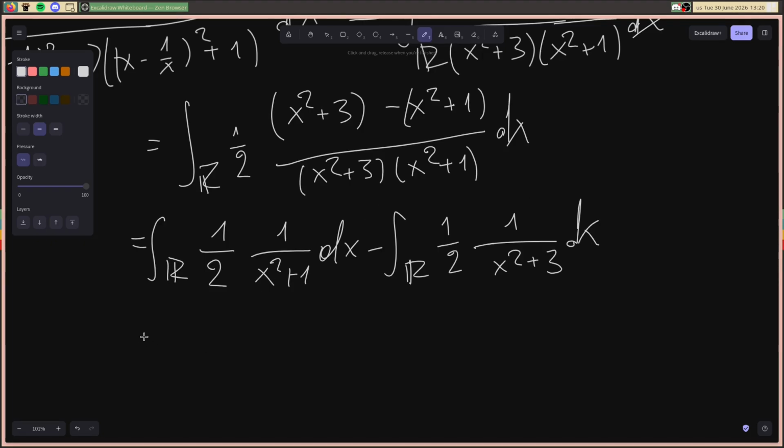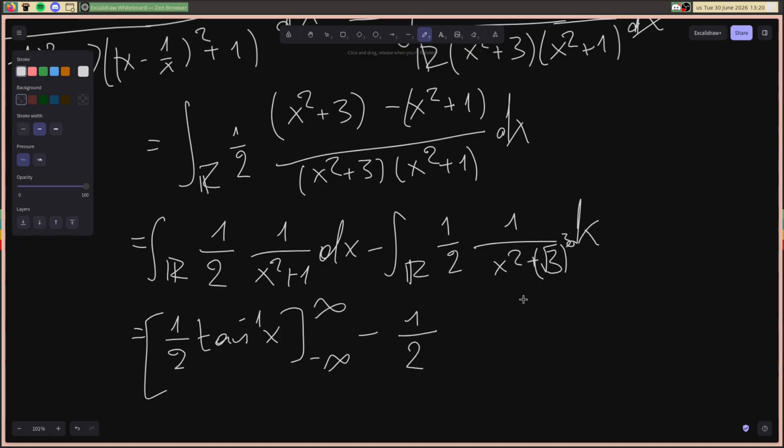These are just inverse tangents, so this is 1/2 inverse tangent x from negative infinity to positive infinity minus 1/2 times, well, this is a square root of 3 squared, so this is 1 over square root 3 inverse tangent of x over square root 3, also evaluated from negative infinity to infinity.